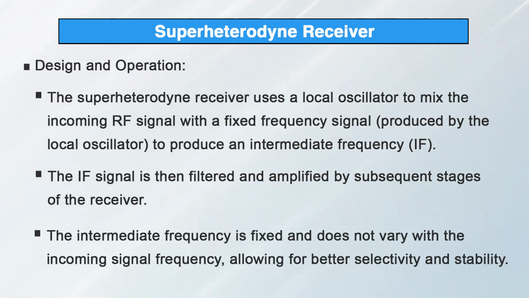The intermediate frequency is fixed and does not vary with the incoming signal frequency, allowing for better selectivity and stability. The advantages are improved selectivity and stability compared to the TRF receiver, and reduced susceptibility to image interferences and frequency drift, allowing for easy tuning and better performance across a wide range of frequencies.